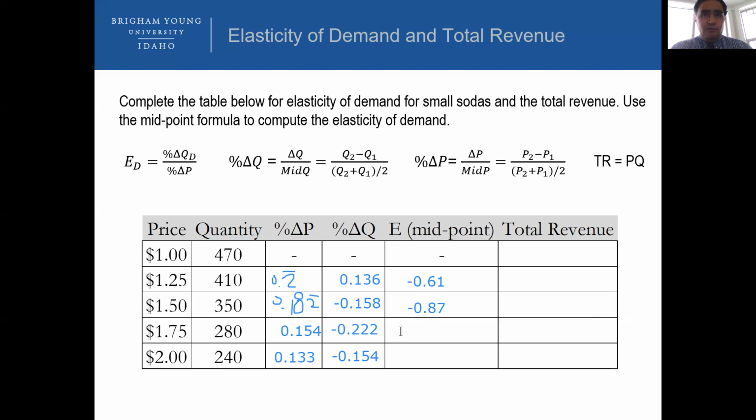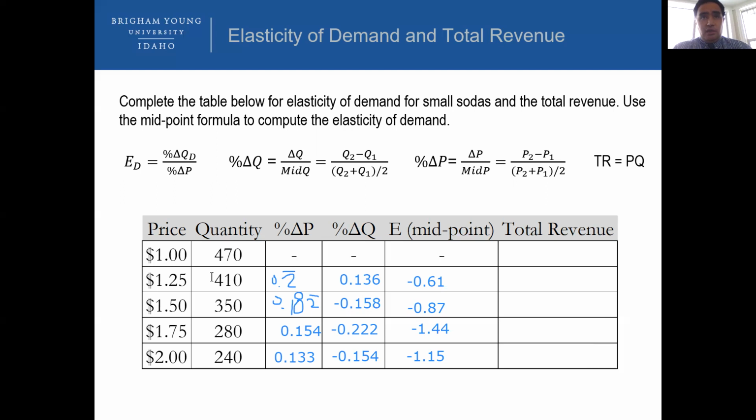And let's see, 15.4% divided by negative 22.2% comes out to negative 1.44, I think. Okay, so now we're starting to get into elastic. And let's see, this one, 13.3% divided by negative 15.4%, negative 1.15.